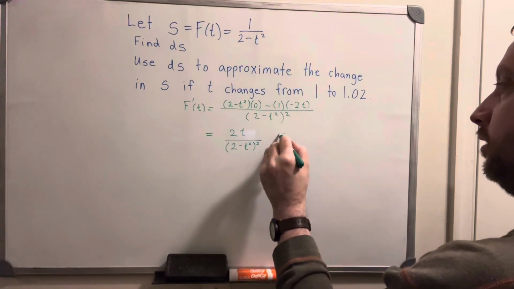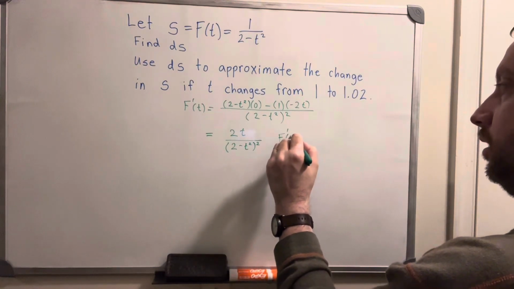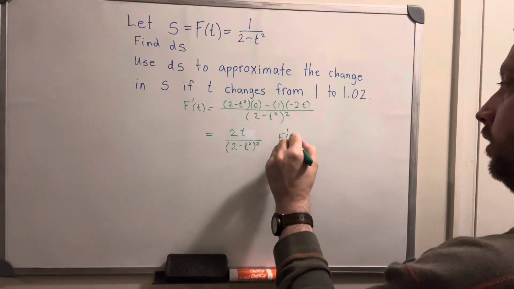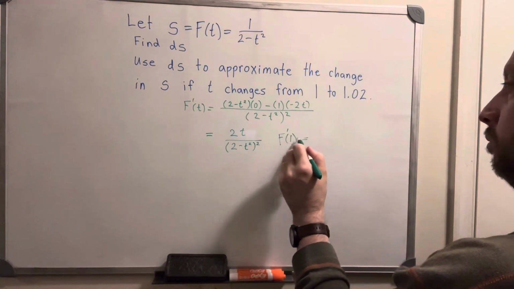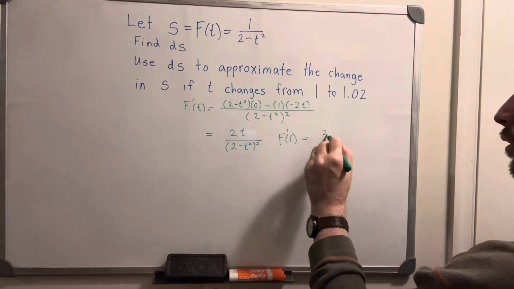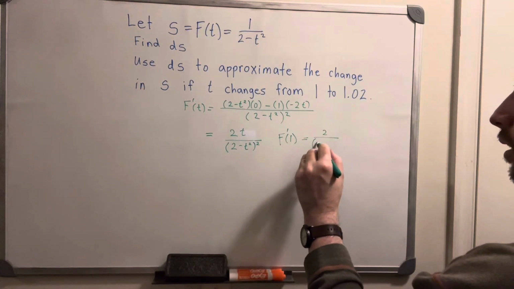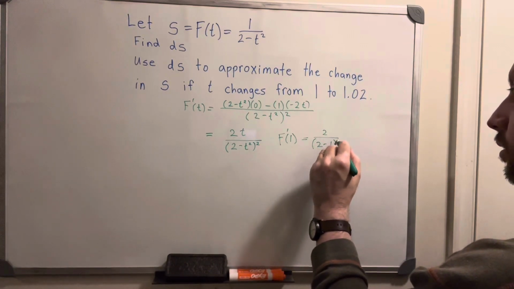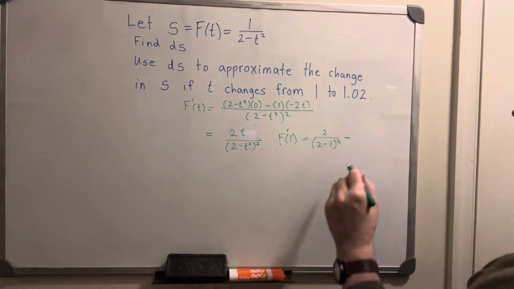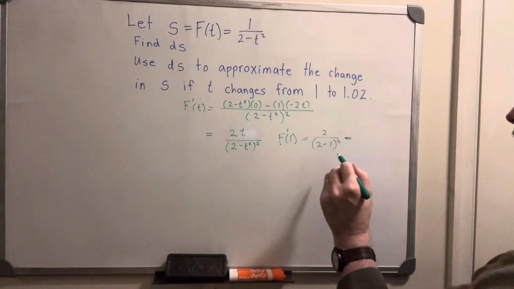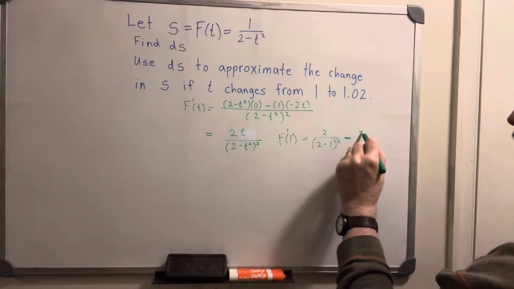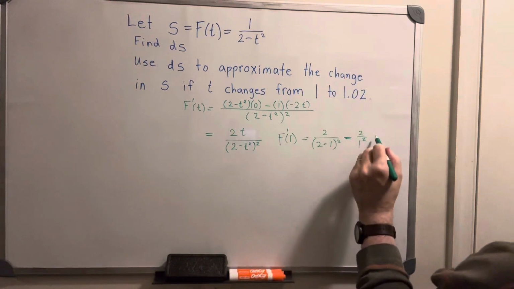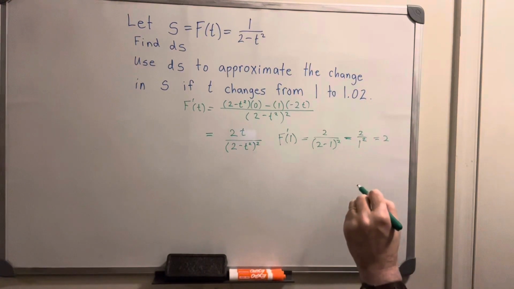So now let's find the value of the derivative at 1. What is f prime of 1? Plug in 1 right here. We've got 2 over 2 minus 1 squared, which is 1 squared. So 2 over 1 squared equals 2.